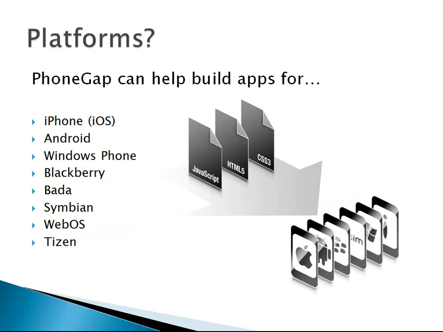So platforms, as we talked about, one of the biggest pros of PhoneGap is that it's cross-compatible with any platform, whether it's an iPhone, Android, Windows Phone, BlackBerry, Bada, Symbian, WebOS, or Tizen, which I've never even heard of. You can build one app and it can function on all those platforms. So that's just an amazing thing right there.